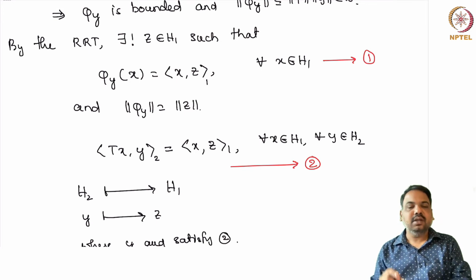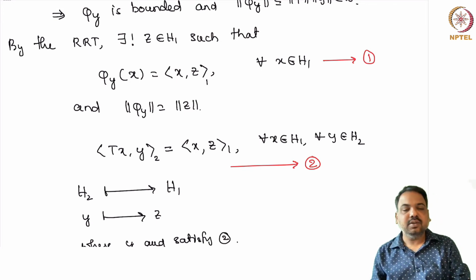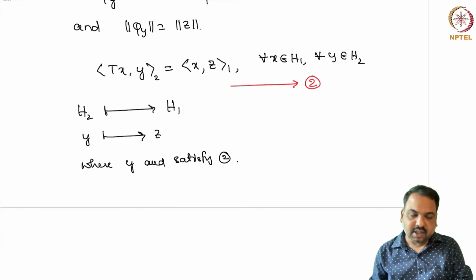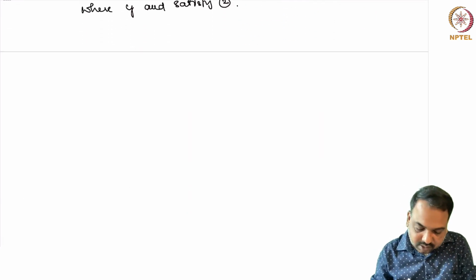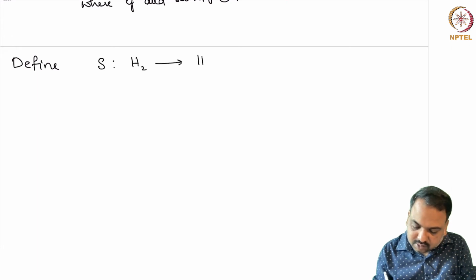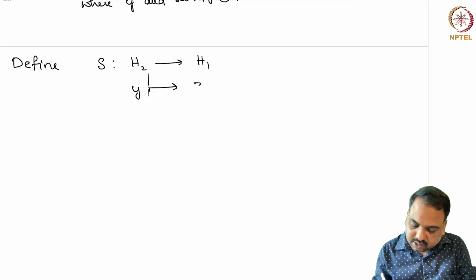That means given a y in H2, there exists a unique z in H1 such that the inner product of Tx with y equals the inner product of x with z. That means we can actually define a map. So now define a map S from H2 to H1, sending y into z, where z satisfies 2.